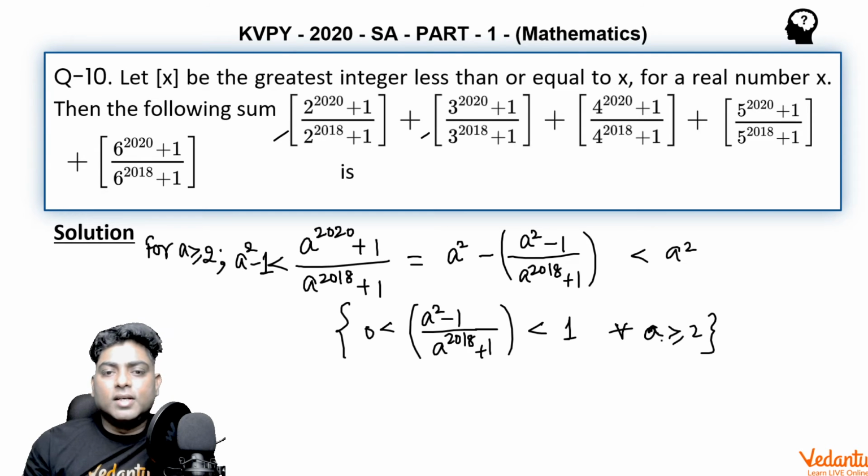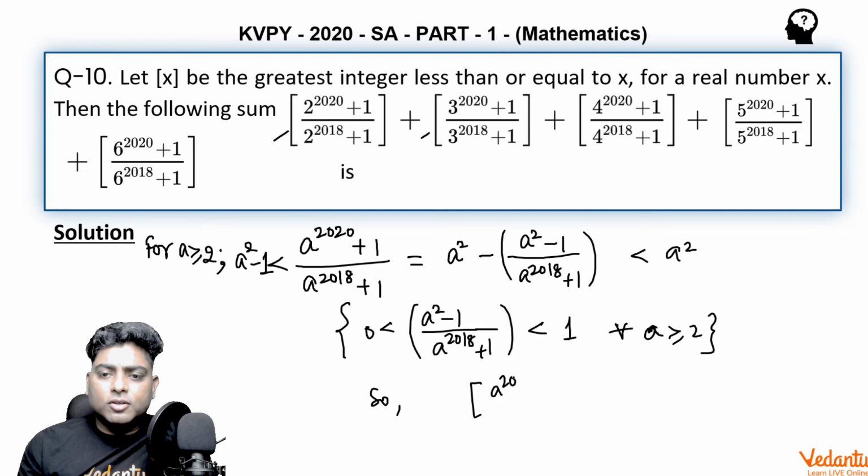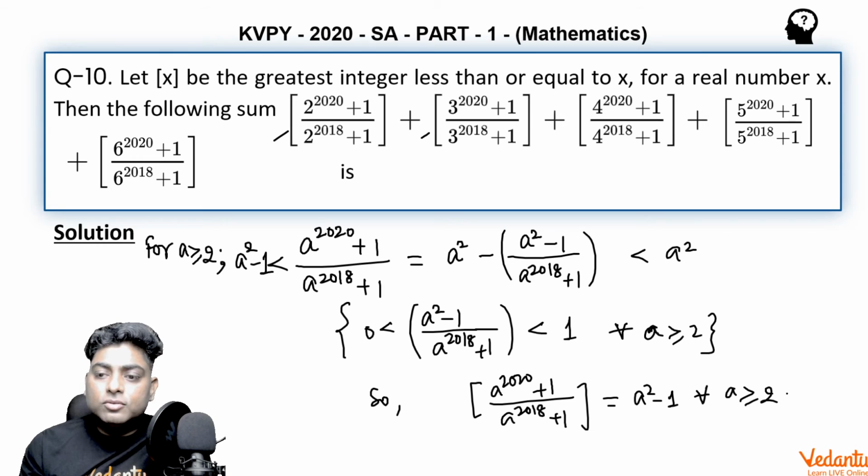In that manner we can say that the greatest integer of (a raised to the power 2020 plus 1) upon (a raised to the power 2018 plus 1) will be equal to a squared minus 1 for all a greater than or equal to 2.